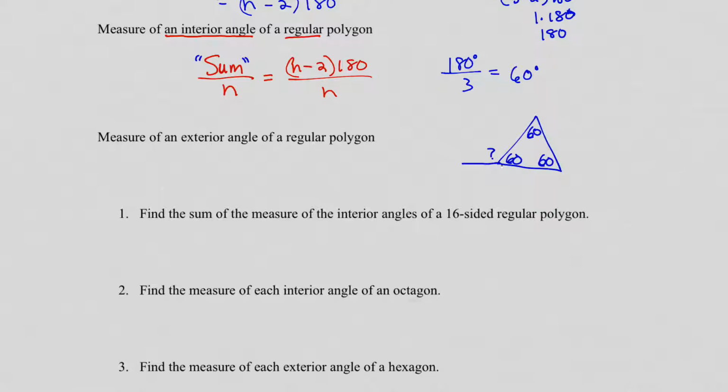So what is this exterior angle out here? Well, that's easy. That's 180 minus 60 is 120. But if you don't know the interior angle, you can just use this formula. It's 360 divided by n. Okay? It's that simple. 360 divided by n, and that's going to give you the exterior angle of a regular polygon.